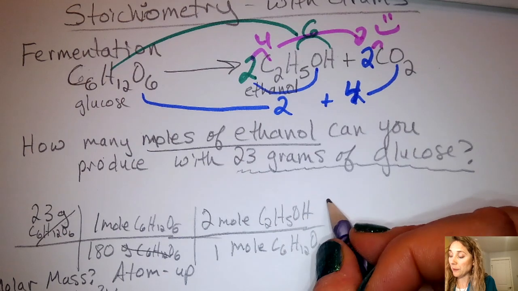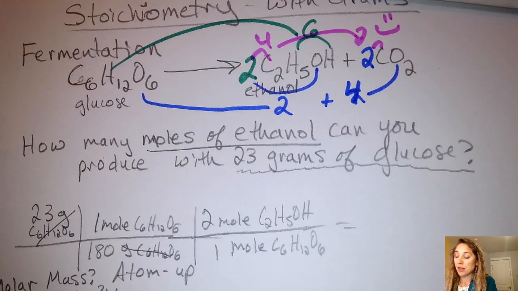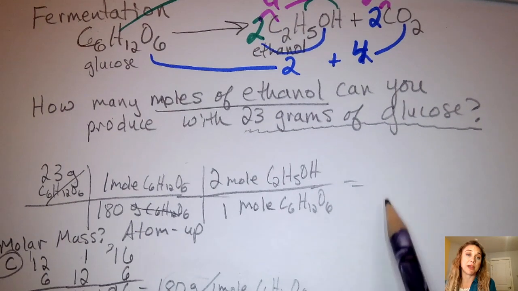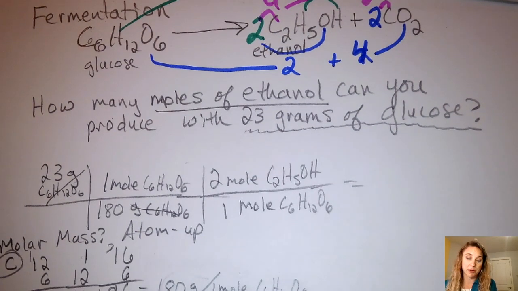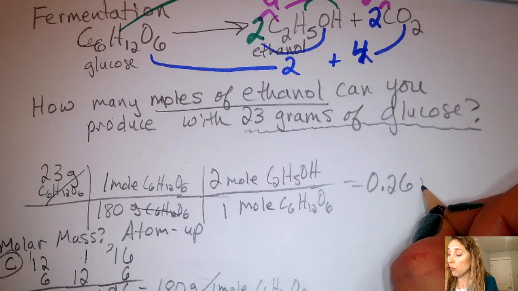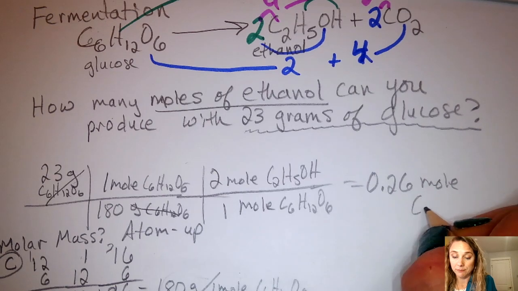Cool. Now we can stop here because that's all we're calculating, and we're going to multiply the tops, multiply the bottoms, and then take the top divided by the bottom like you would in a fraction, right? So what we would get when we do this is 0.26 moles of ethanol.